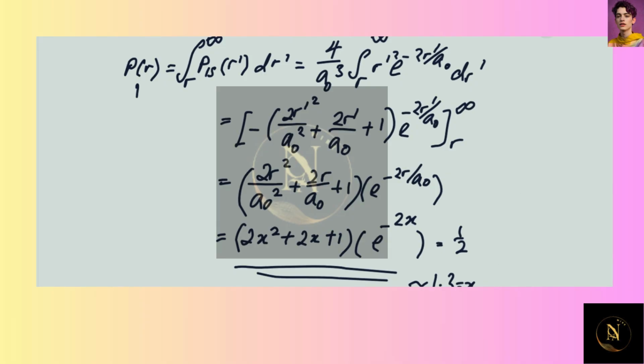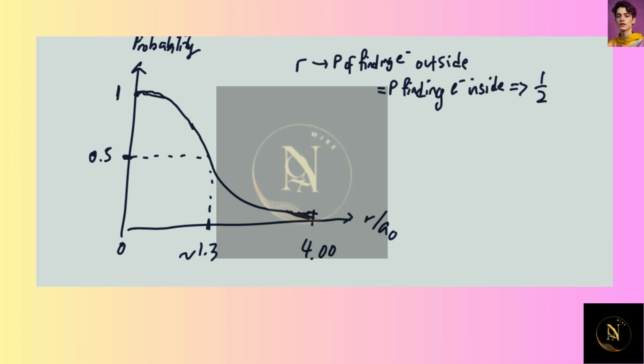Using a software such as Mathematica, you should get that x is equal to 1.34, the nearest answer. So r over a naught is 1.34, and so the r that we need is 1.34 times a naught.